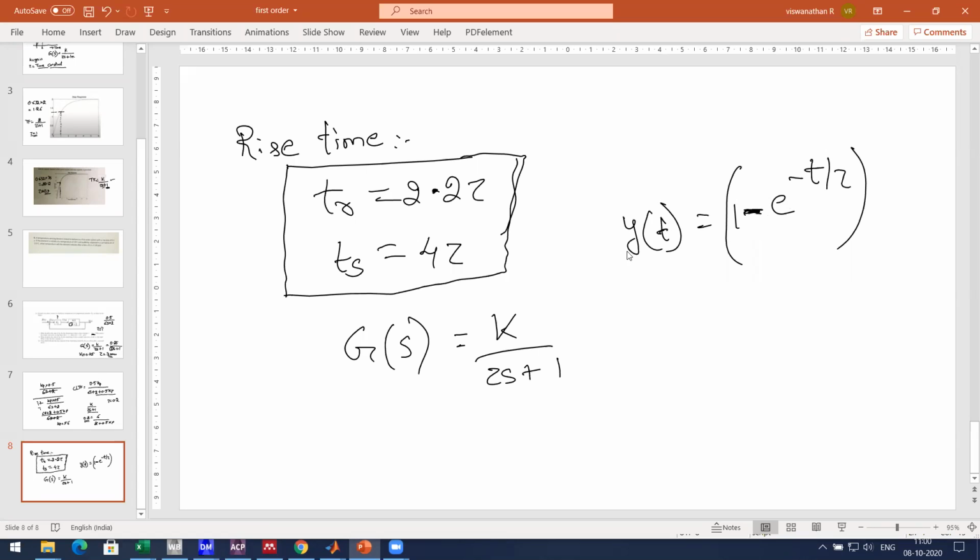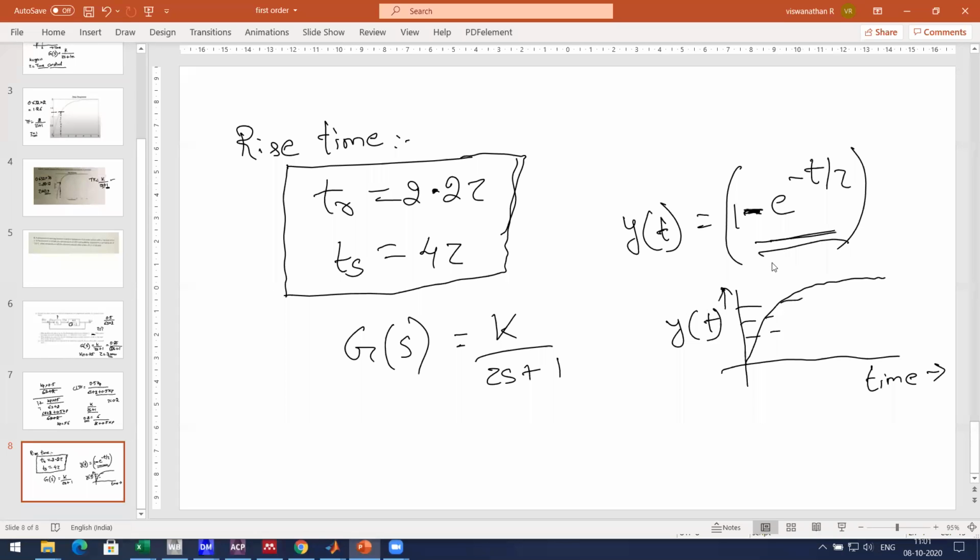If you have the curve like this, where this is time and this is y of t on the y-axis, you can calculate the value at this point or that point, for any point of time, with this formula.